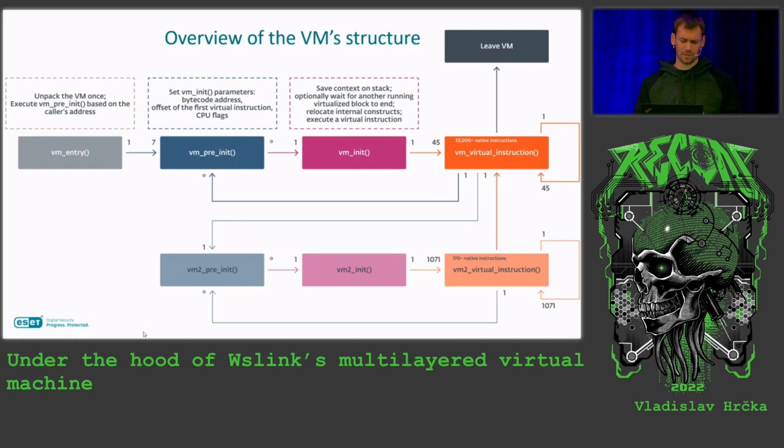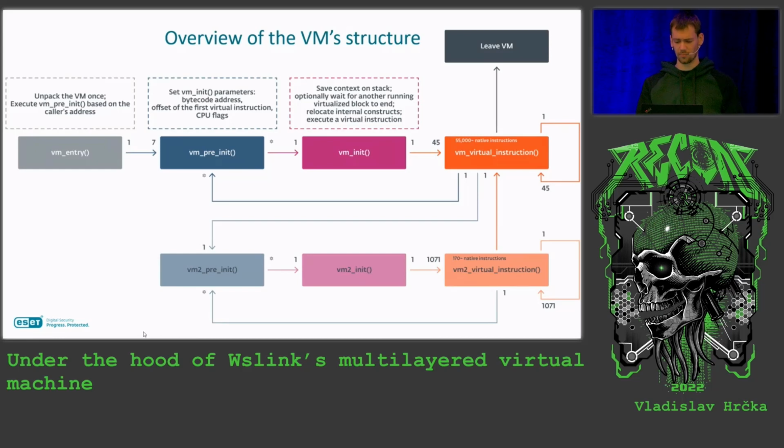Apart from that, it relocates its internal constructs and executes the first virtual instruction, but there's an issue: each of these virtual instructions, there are 45 of them, is virtualized again, and we can see similar VM2 preinit and VM2 init. Now there are even more than 1,000 virtual instructions, because all of them are duplicated.